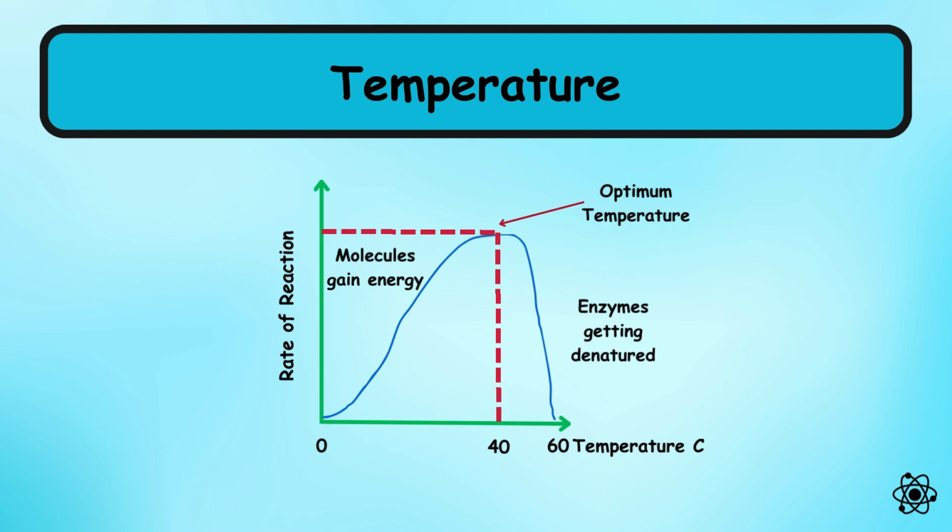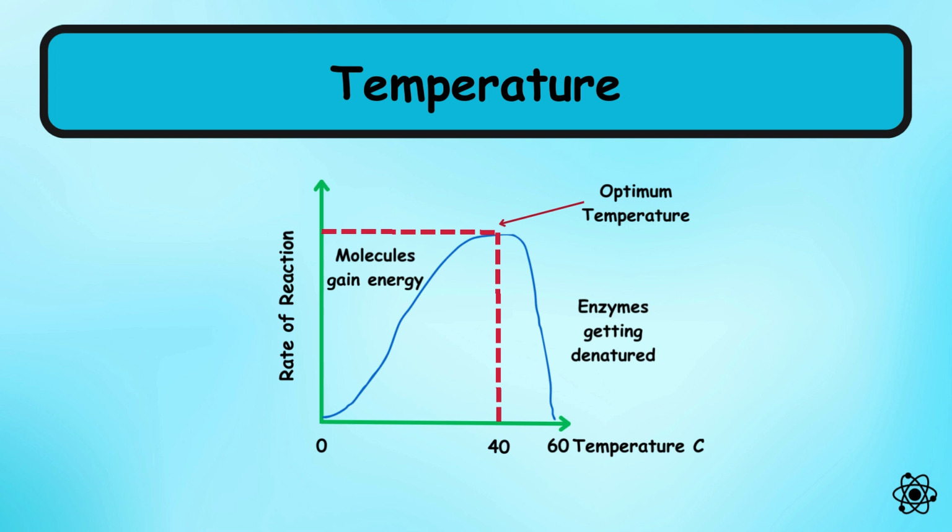Then you may notice the rate of the reaction increases as the temperature increases. And in this graph, for this enzyme, the rate of reaction reaches its highest at an optimum temperature of 40 degrees Celsius.